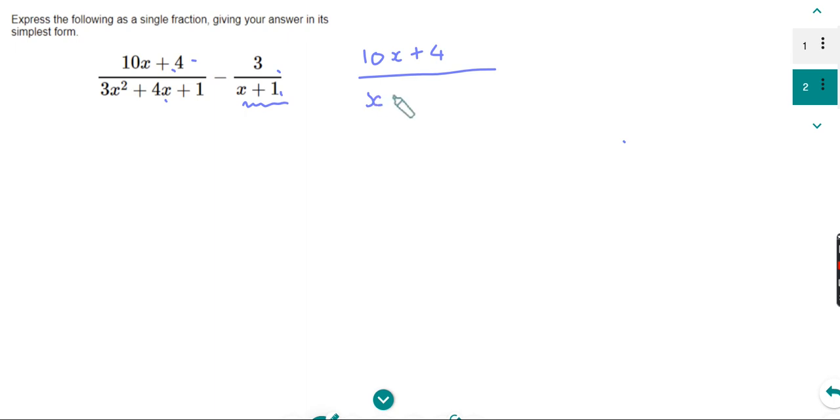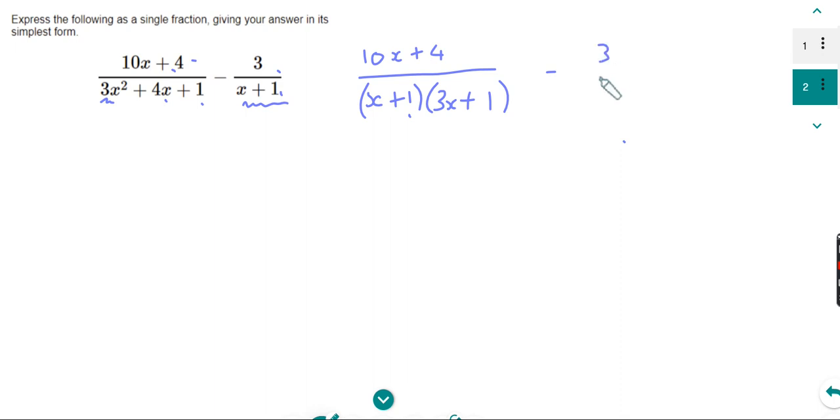x plus 1 is definitely a factor. Well, if x plus 1 is a factor, then 3x is, isn't it? Because how else are you going to get a 3x squared? And the numbers, 1 times by what is giving you plus 1, so it's plus 1.